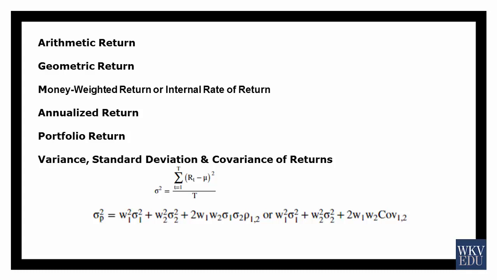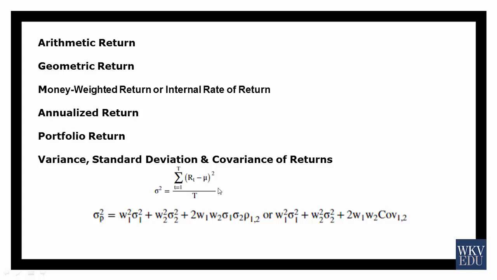Obviously, if only a representative sample of the population was available, then in the sample variance calculation, we would have taken R bar over here. That's a mu only, but R bar is the average of the sample. And in the denominator, we would have taken T minus 1.